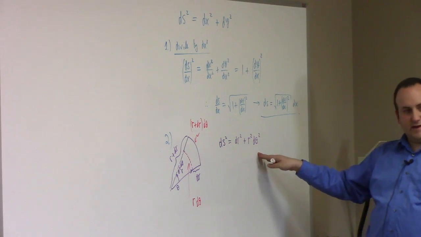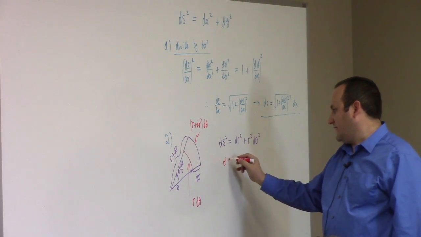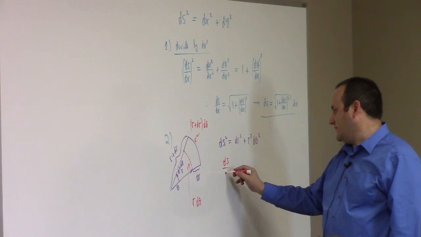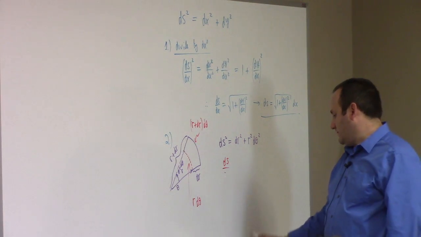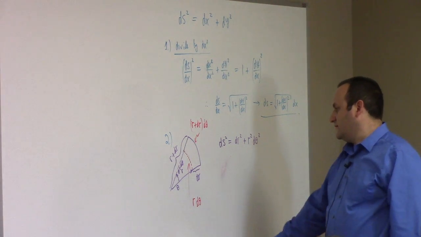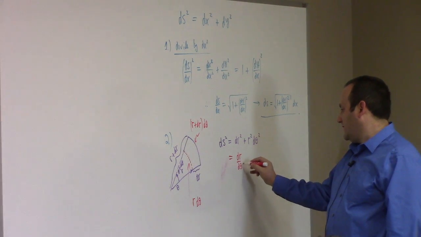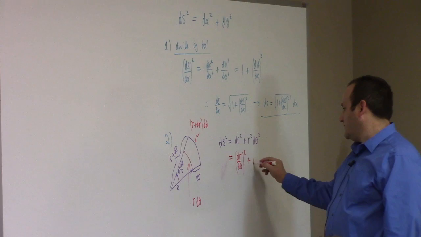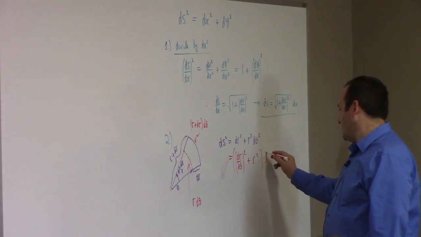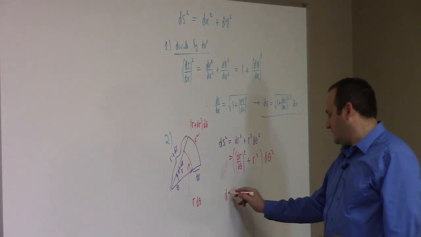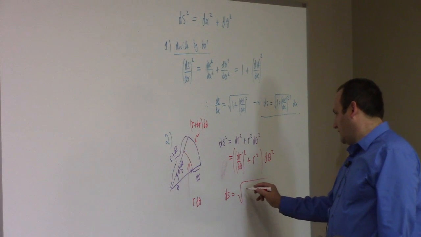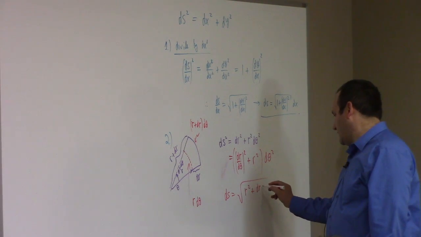And then if you take this thing and you divide by d theta, what do you get? Or here, let me be even more direct. You can rewrite this as dr d theta quantity squared plus r squared. Pull out the d theta squared, right? So ds is the square root of r squared plus dr d theta squared, times d theta.